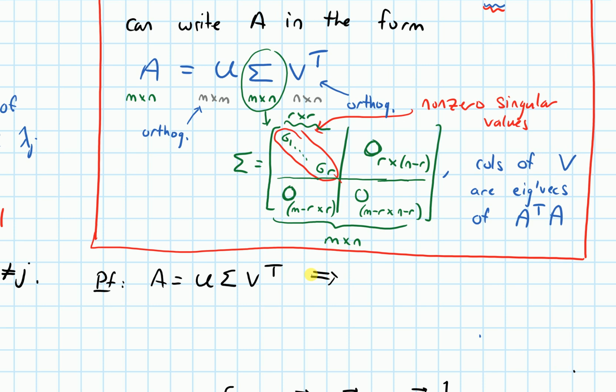And that would be true if and only if, if I multiply both sides by V on the right, we'd get A V equals U times sigma. That's what we get if we multiply by V on the right. So recall that V transpose times V should be the identity, since V is an orthogonal matrix.